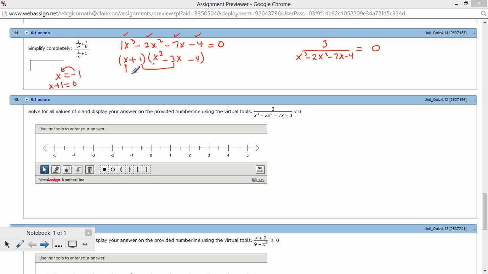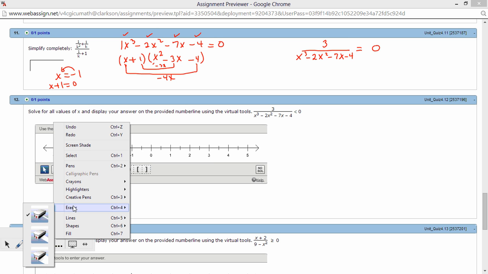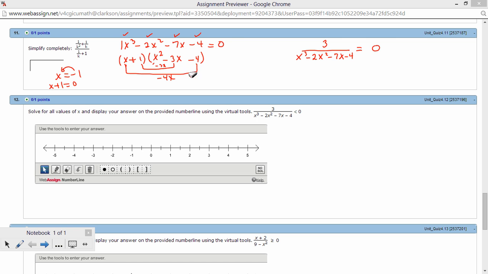And right here, I'm going to get a minus 4x. And minus 3x minus 4x is the minus 7x that we need. So that's intuitive factoring. You can work at it with polynomial long division or synthetic division, but certainly what you want to develop is your ability to see structure. It will help you in the calculus.